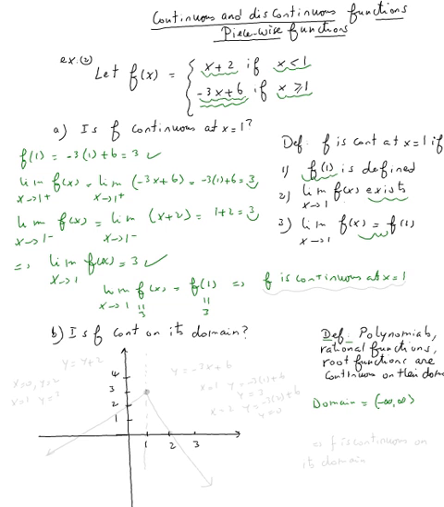So for x smaller than 1 it is continuous, and for x bigger or equal than 1 it is continuous. The only thing we needed to check is where the break happens, in other words x equal 1, but we already checked it here. F is continuous at x equal 1, so therefore we can say f is continuous on its domain.